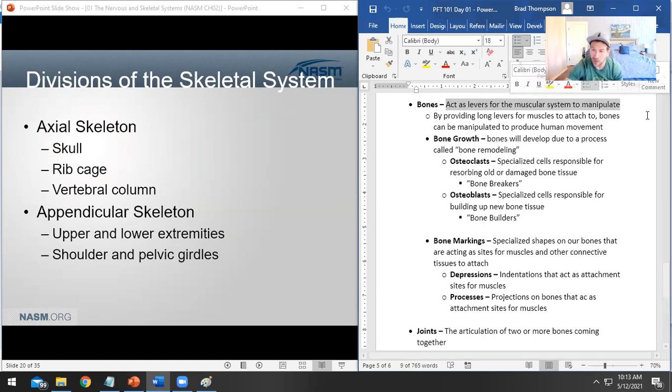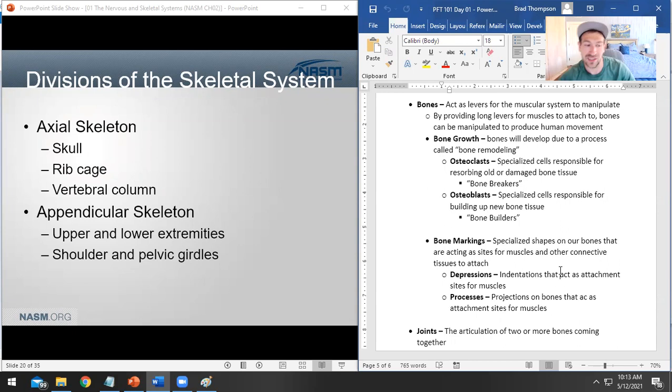So, if I want to put something up on a shelf over here, and I've got my big humerus bone, and my radius and my ulna and all the bones in my hand, right? Well, luckily that gives me the ability to reach this shelf, right? And I've got these muscles that can manipulate these bones, right? So I might have a muscle that contracts in the deltoid, that raises my arm up. I've got a muscle that's going to contract in my bicep, that's going to pull this way, right? My tricep's going to extend my arm, right? So I'm going to move my arm in this position here.